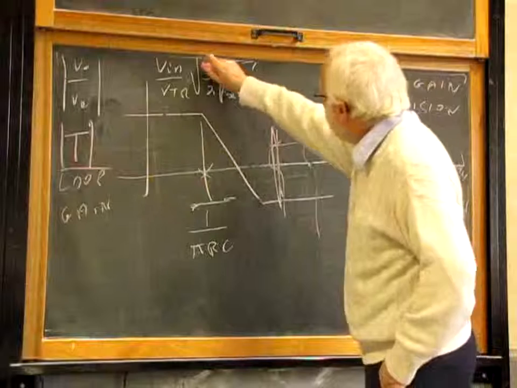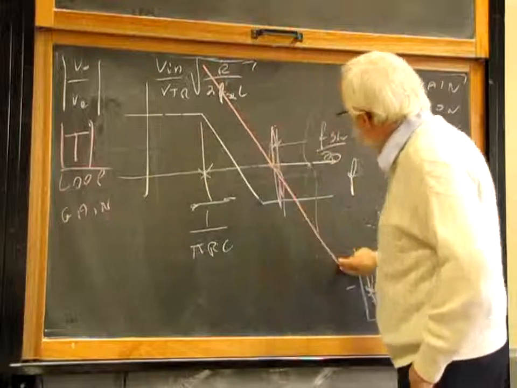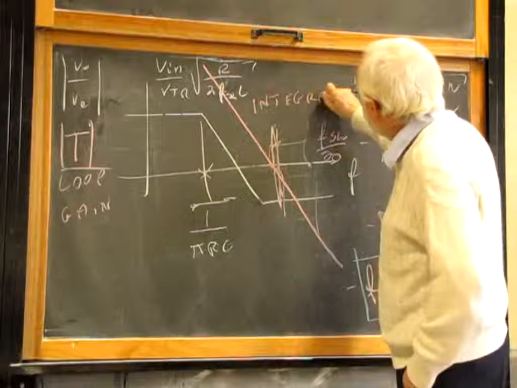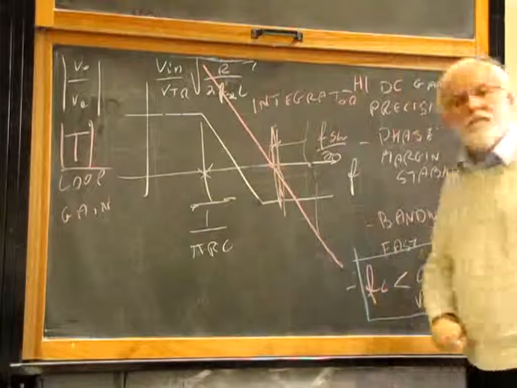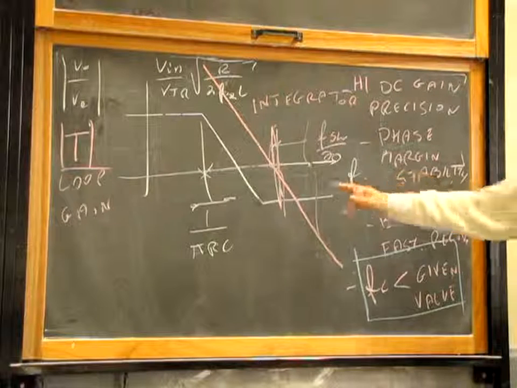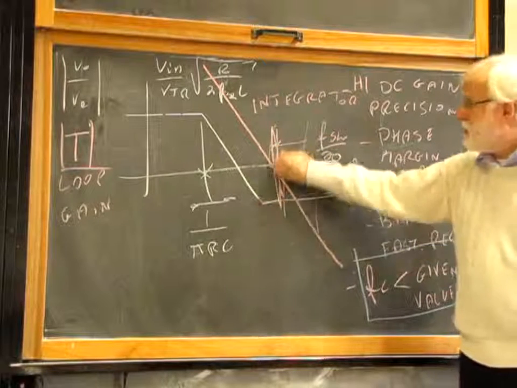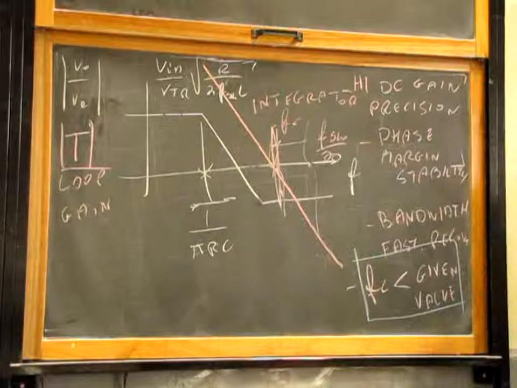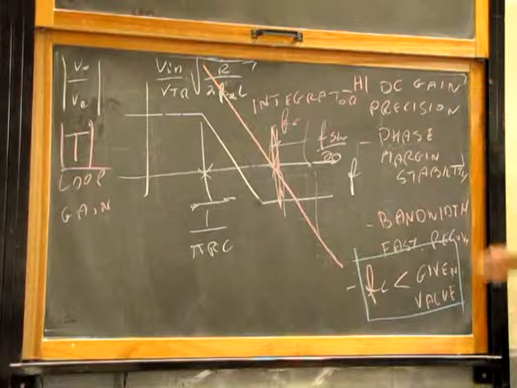It should be an integrator. If I can design a loop gain T that is an integrator with the right crossover frequency, I basically satisfy all these requirements.